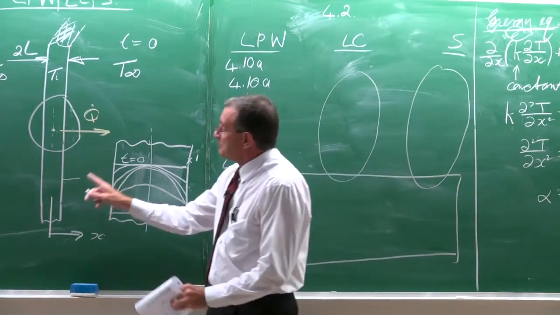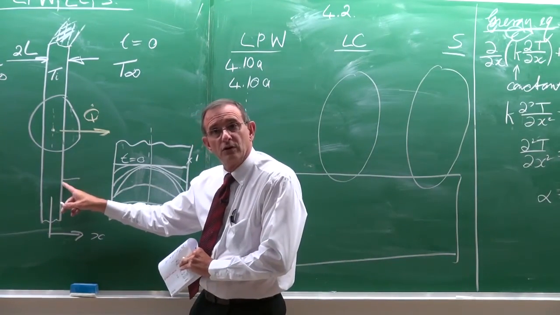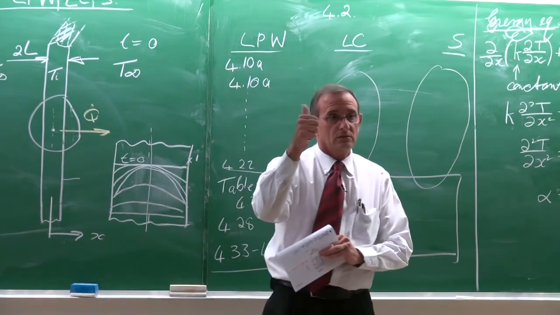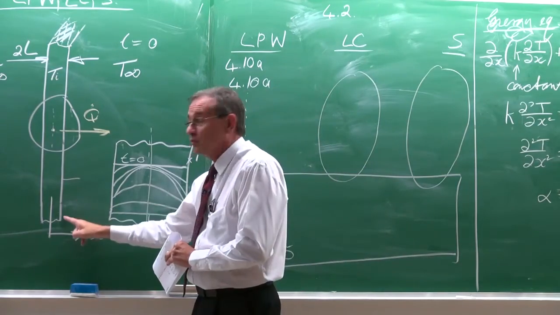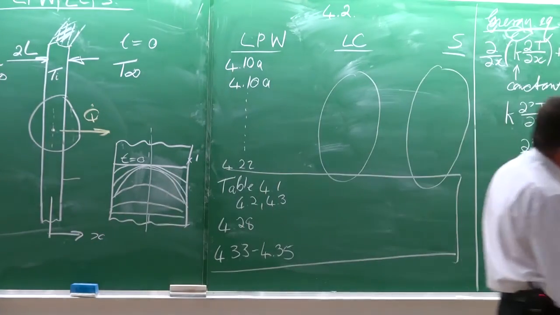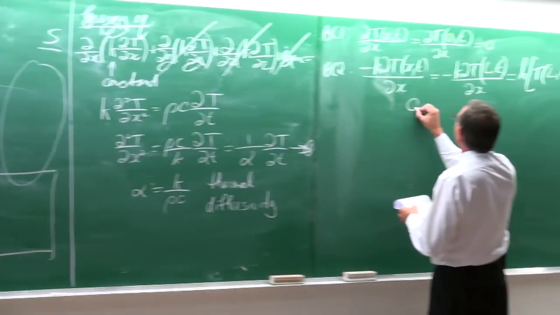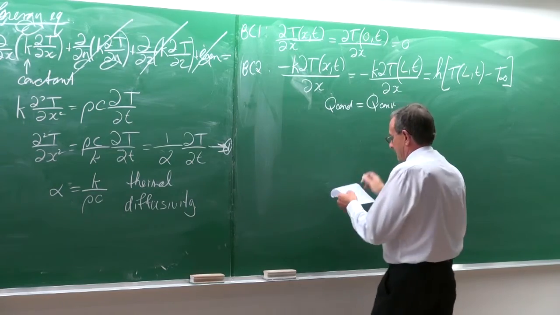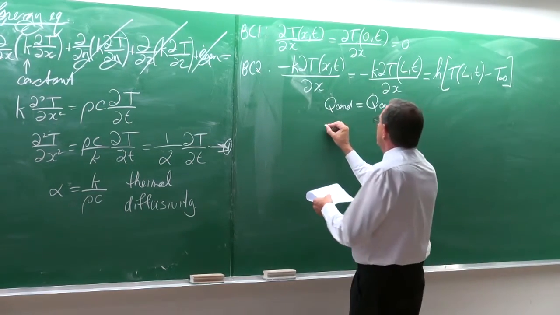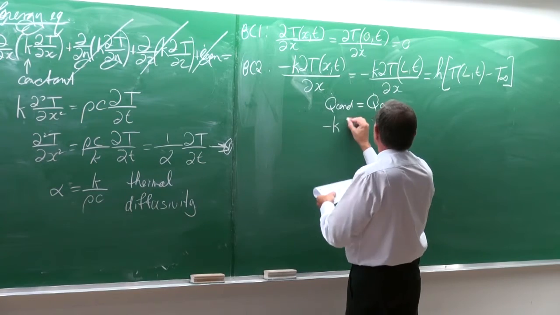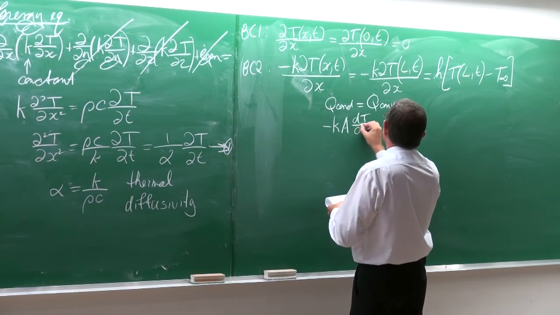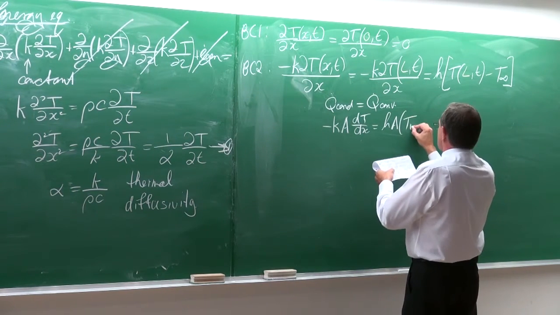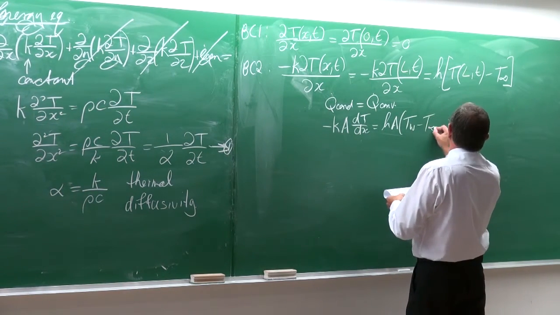Okay. But the principle is that on the surface, what happens on the surface? On the surface, x is equal to L. Okay, so on the surface, x is equal to L. And on that surface, the conduction heat transfer is equal to the convection heat transfer rate. And the conduction heat transfer rate would typically be minus k multiplied by the area dT/dx is equal to the heat transfer coefficient multiplied by the area, Tw minus T infinity.